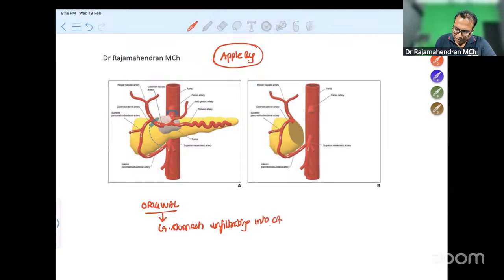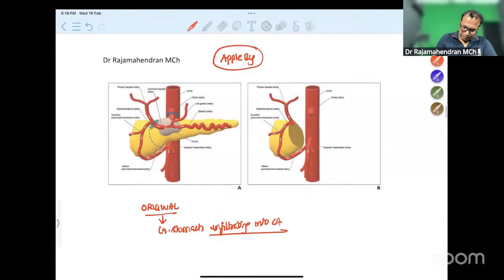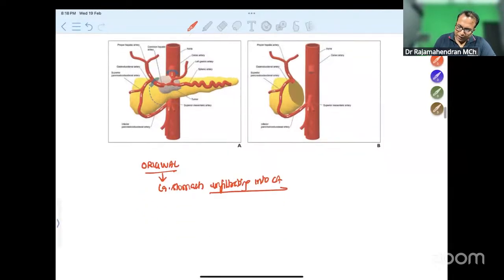They resected the celiac artery, and please remember, they ensured that after resecting the celiac artery, the common hepatic artery receives blood flow via the gastroduodenal artery. This is what they ensured when doing the cancer stomach operation.